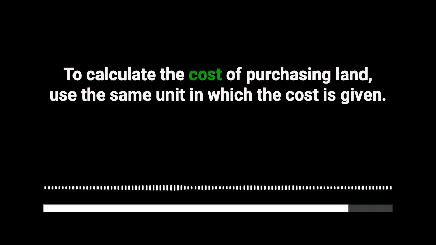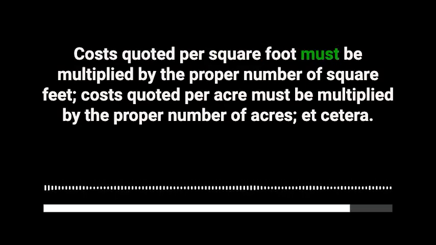To calculate the cost of purchasing land, use the same unit in which the cost is given. Costs quoted per square foot must be multiplied by the proper number of square feet.